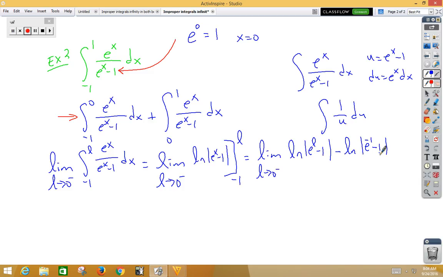So now when we plug in our 0 here, notice we're getting the natural log of 0, which is undefined or an infinity. So once again, this one diverges.